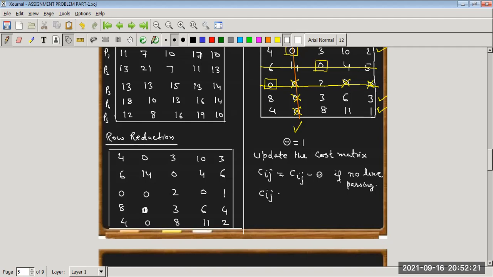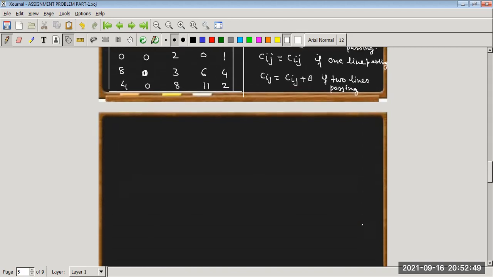Cij remains Cij if one line is passing through it. Cij becomes Cij plus theta if two lines are passing through it. So now we update the matrix.